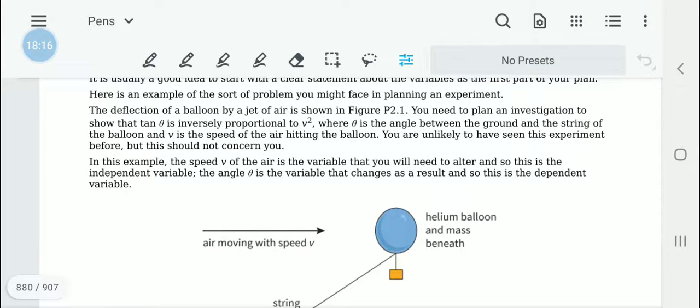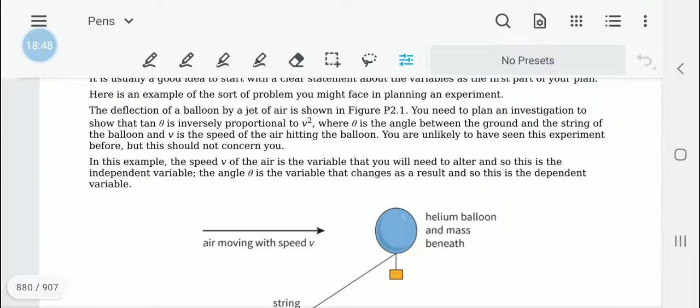The independent variable is the speed v of the air, because that is what we change.